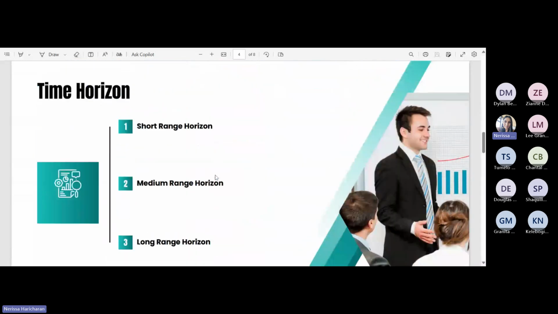Then we want to spend a little bit more time on something called, obviously, time horizon. And there's 3 different categories of it, okay? Number 1 is what we call a short range horizon.